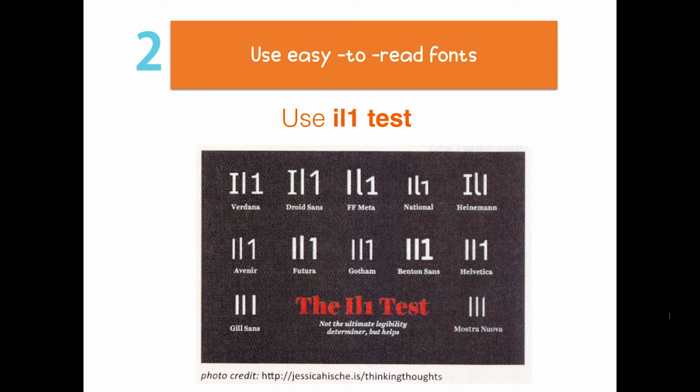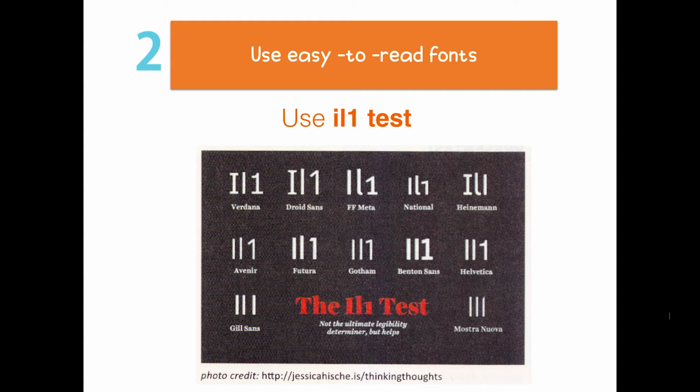Okay, next. Tips number 2. Use easy to read fonts. You can use the IL1 test. What is the meaning of that? You can use the IL1 test when selecting the font to use.